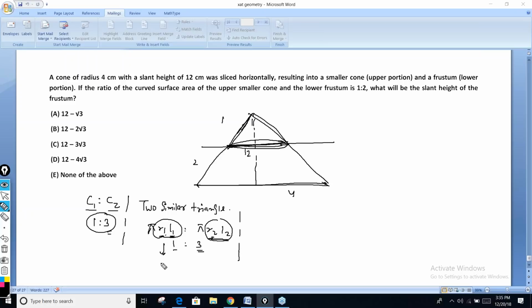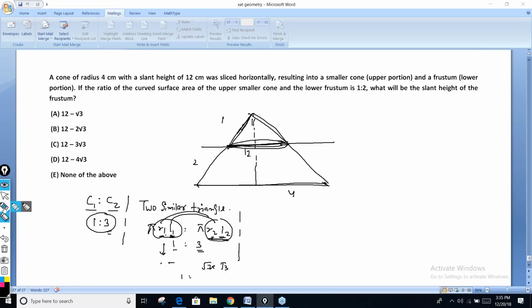So the radius will be root 3 times and the slant height will also be root 3 times, because it will be in the same ratio. That is why the curved surface area is 3 times.